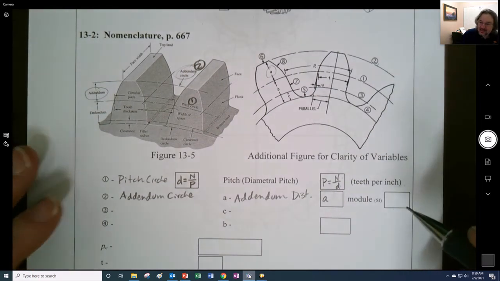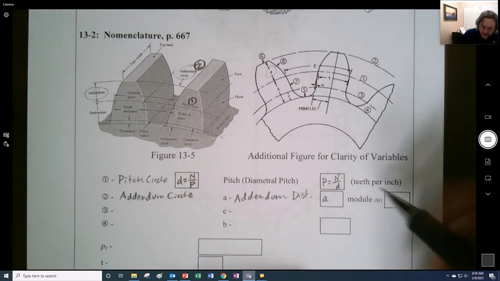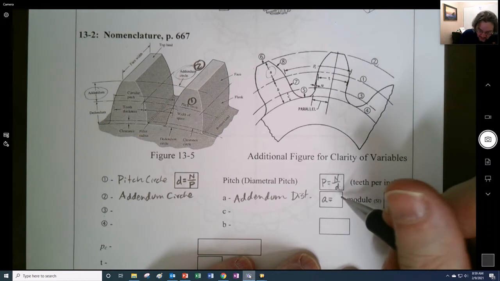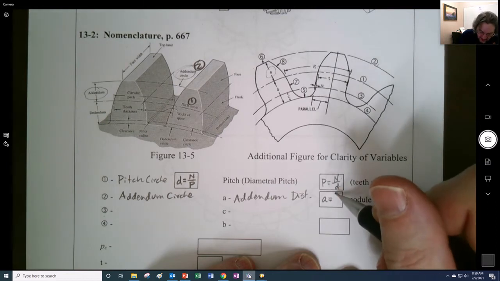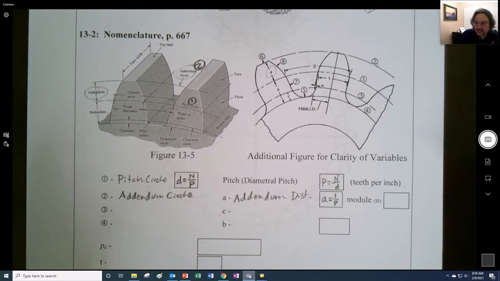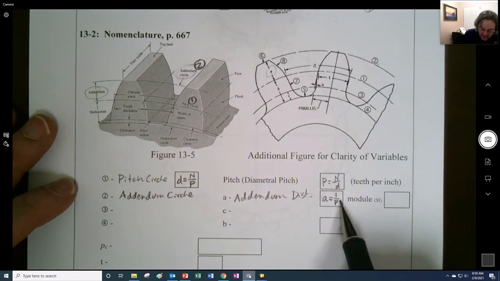And for a typical gear set, all right, so there's various different kinds of configurations, but for the most typical one in US gears, you can find the addendum distance by 1 divided by pitch. There's nothing that says it has to be that, but when the layout of a gear, that's the typical distance. That addendum just happens to be 1 over pitch right here.